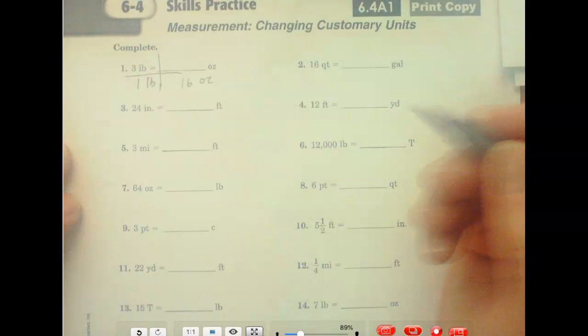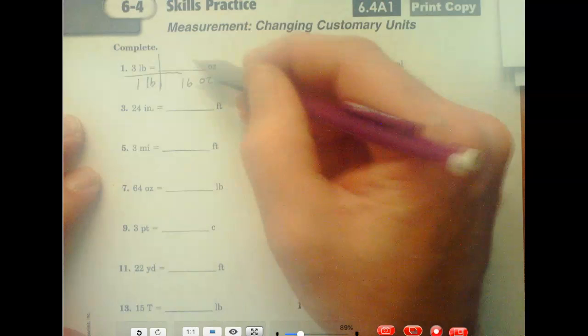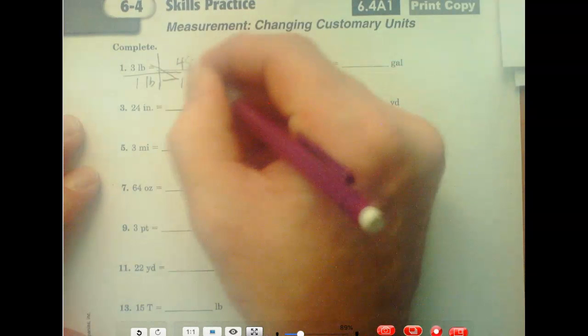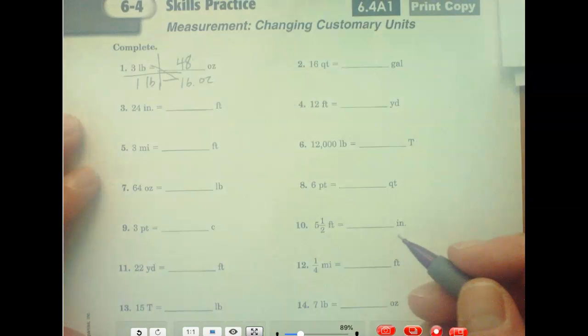So I have the pounds and have the ounces organized in columns. Pounds, ounces, ounces. So then I can multiply diagonally. 3 times 16 is 48. 48 divided by 1 is just 48 ounces. I know it seems kind of silly when you're multiplying by 1, but this is the way I organize things.